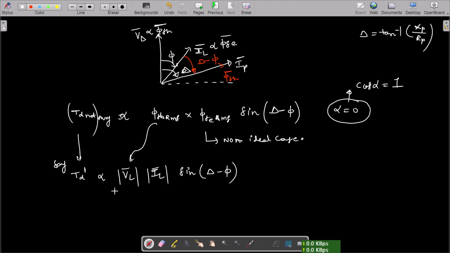Now for an ideal case, that is RP equal to 0.